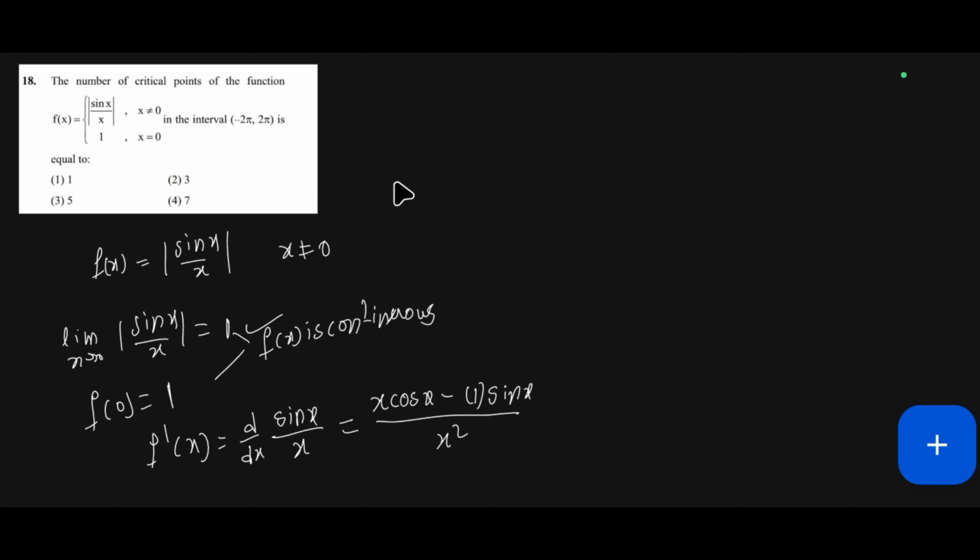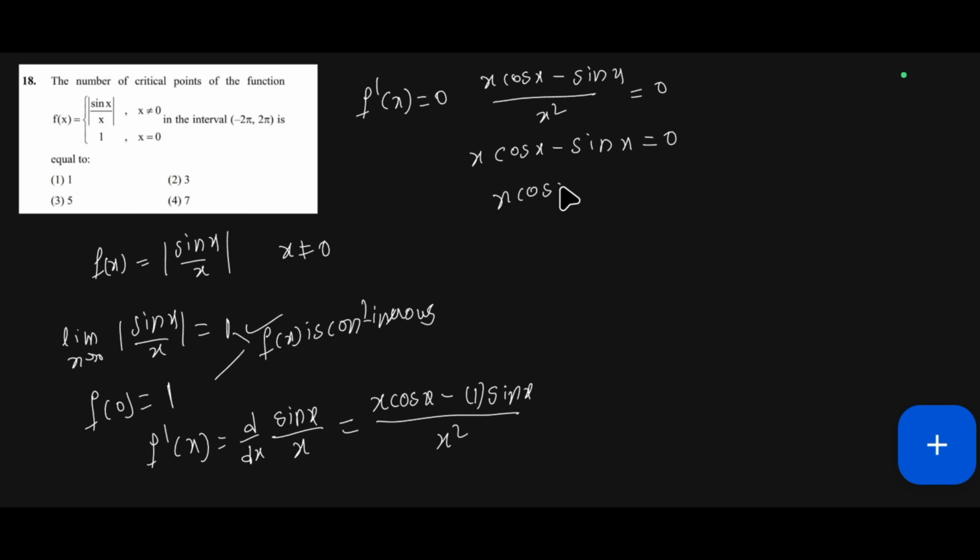For finding the critical point, f dash of x is equal to 0. (x cos x minus sin x) by x square is equal to 0. So the numerator must be 0 because the denominator is not equal to 0. x cos x minus sin x is equal to 0, x cos x is equal to sin x. So x is equal to sin x by cos x, that is tan x.